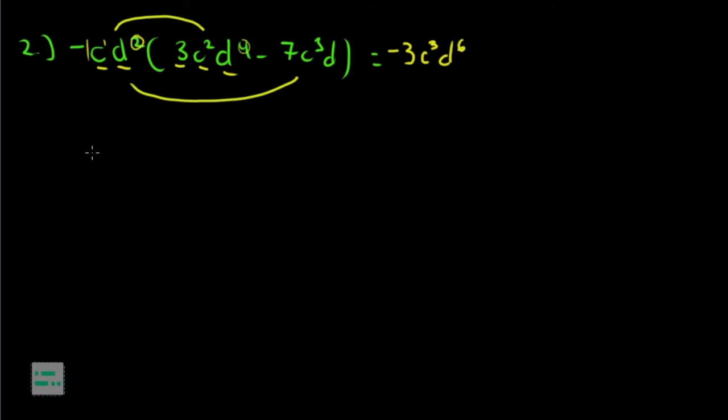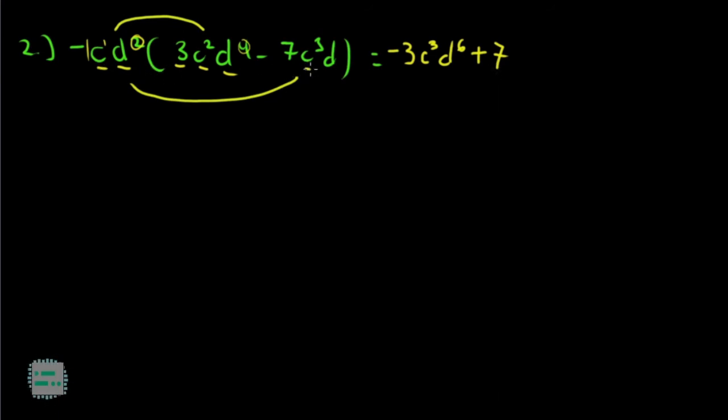Now, let's proceed to negative cd squared multiplied by negative 7c cubed d. Again, dun muna sa coefficients. This negative number, negative 7, multiplied by another negative number, so, positive yung sagot natin. Lagyan mo na ng plus sign. Then, 7 times 1 is just 7. Alright? Negative 1 times negative 7 is positive 7. Simulan na natin dun sa mga variables natin.